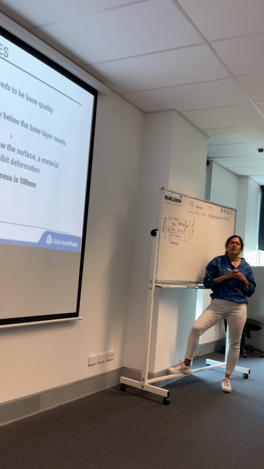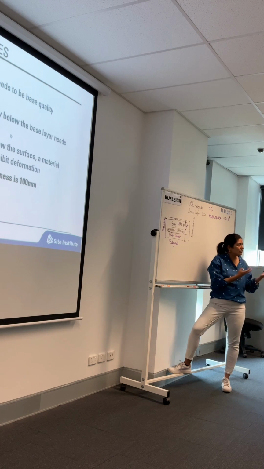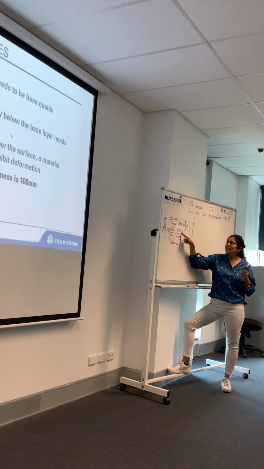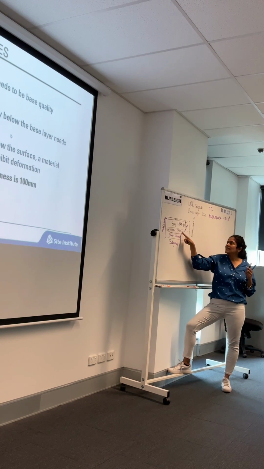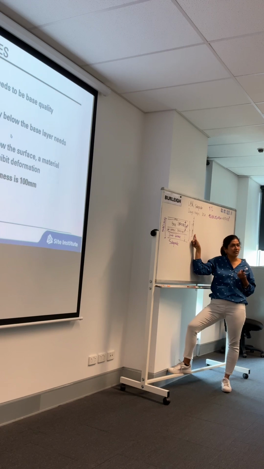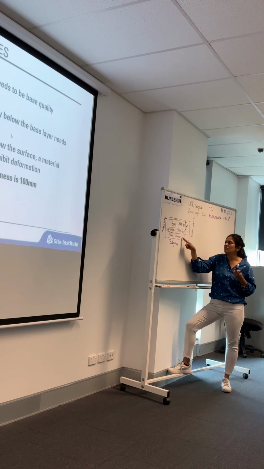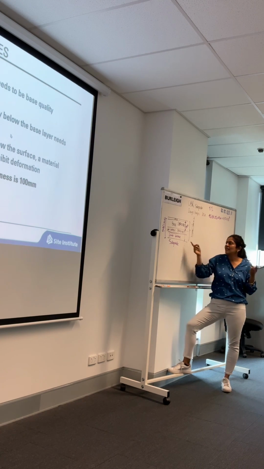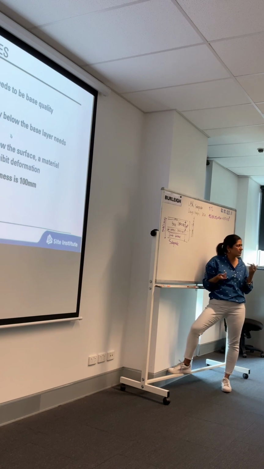That's the rule. So what we do in construction or in practice is that we say, okay, we can use a CBR of 30% here as long as this plus this is equal to 150. And then we can use a CBR of 10% here, which is cheaper, and then my pavement is going to work. Make sense?